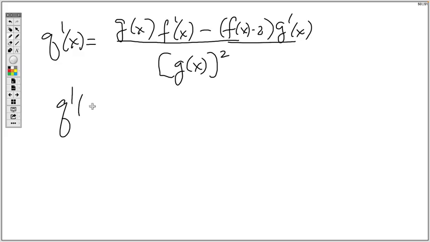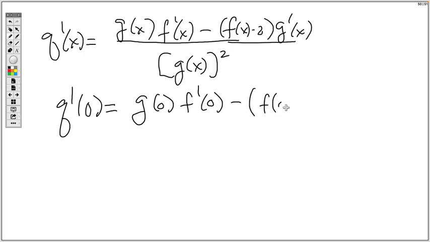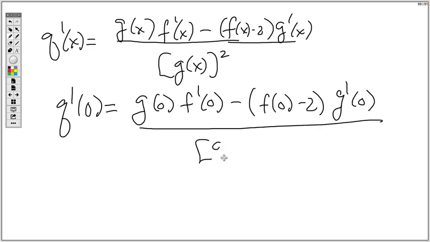Let's put in 0. Q prime of 0 would be g of 0, f prime of 0 minus f of 0 minus 2, g prime of 0, all divided by g of 0 squared.